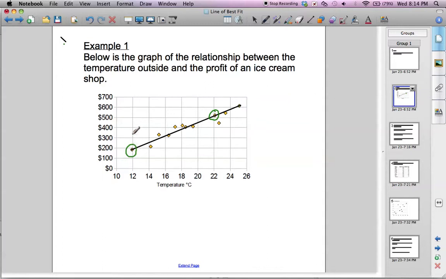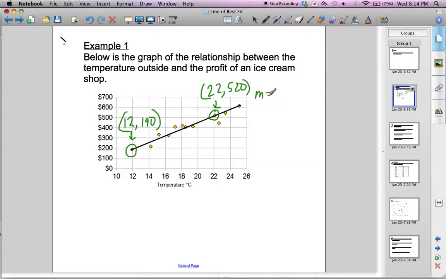So this point here, I'm going to say that's 12 maybe, and 190. About that. And this point is 22, and the profit there is about 520. So I can use those to find the slope of the line.